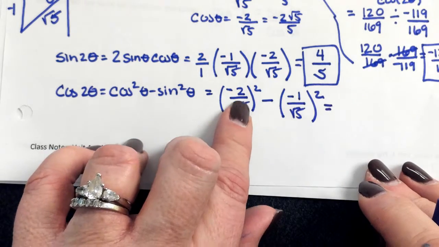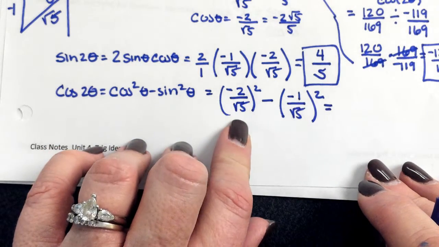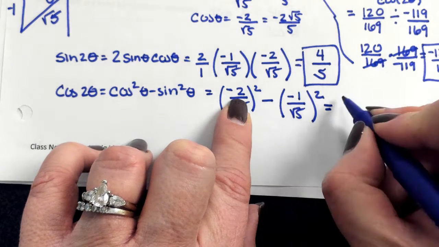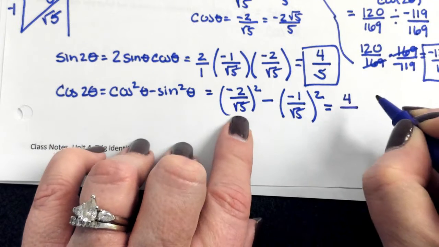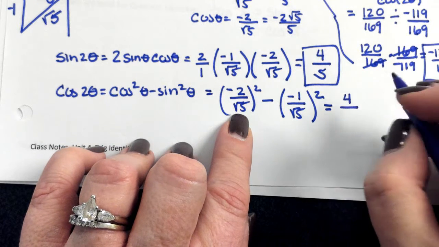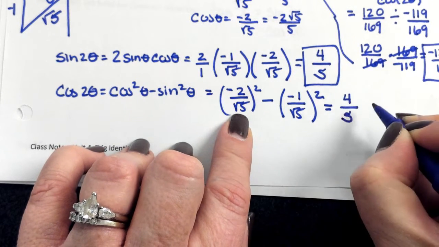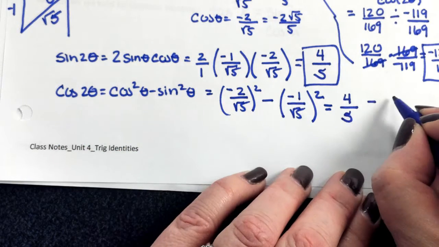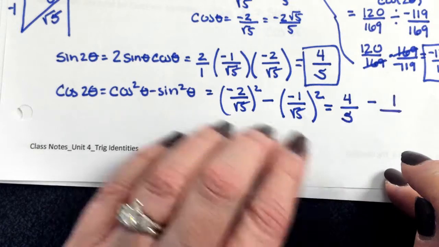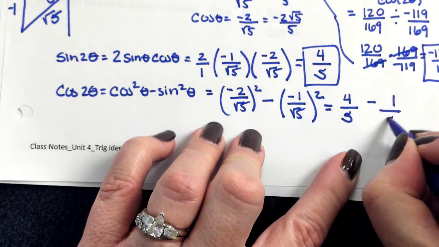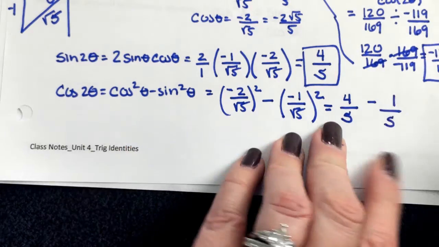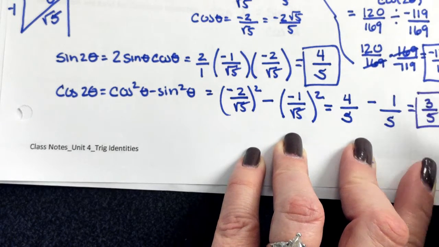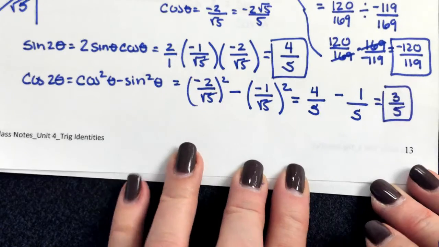We talked about you want to square the numerator and square the denominator. So when I square negative 2, what's the numerator going to look like? That's going to give me a positive 4. When I square the square root of 5, that's going to give me a 5. Minus. When I square negative 1, that's going to give me a 1. When I square the square root of 5, that's going to give me a 5. So 4/5 minus 1/5 gives me a 3/5. So there's your cosine double angle.